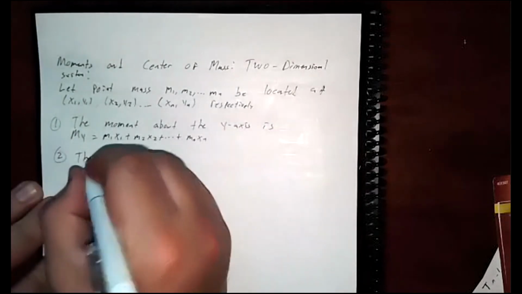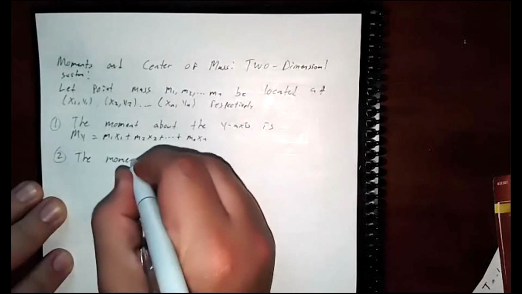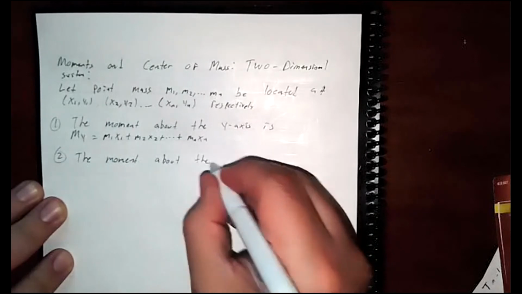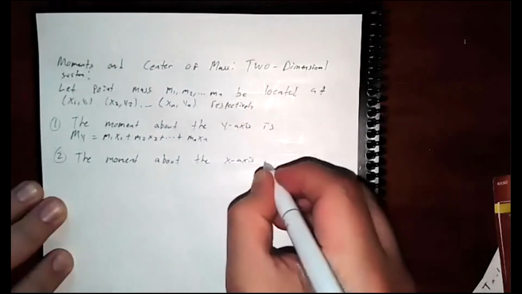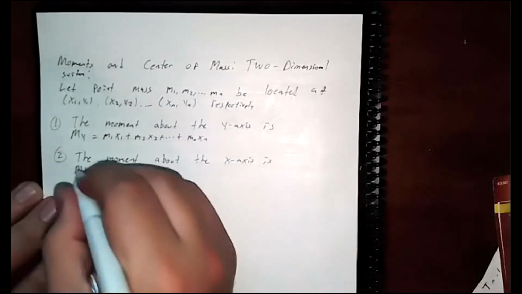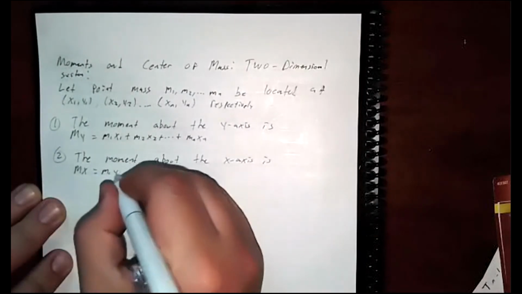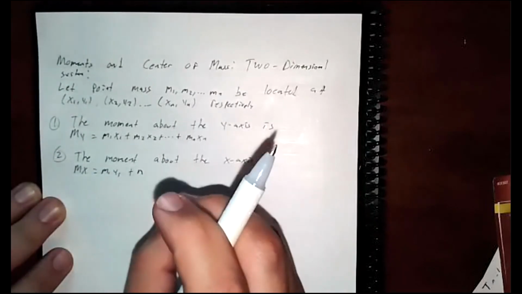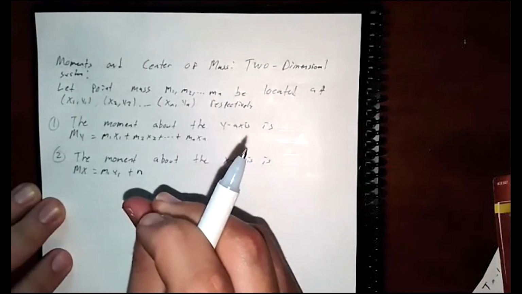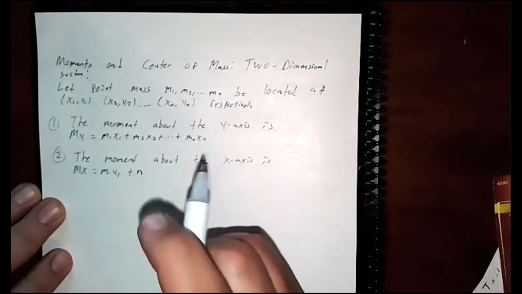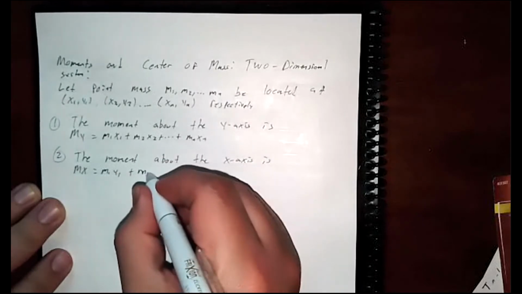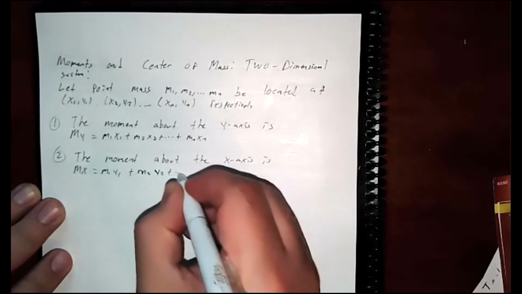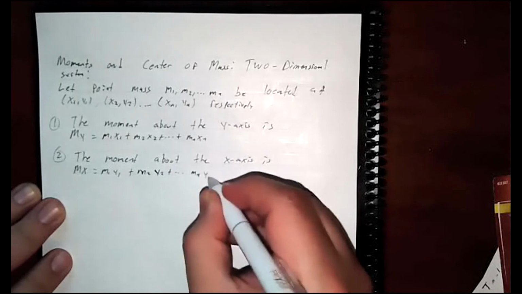Number 2, the moment about the x-axis is Mx equal to m1 y1 plus m2 y2 all the way till mn yn.